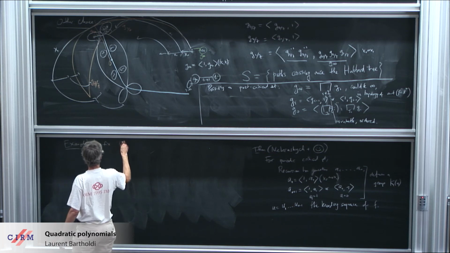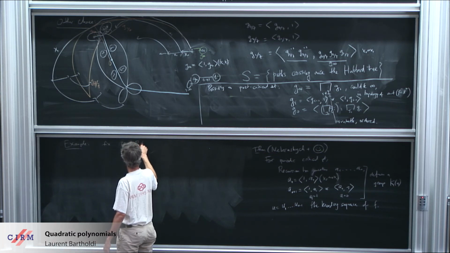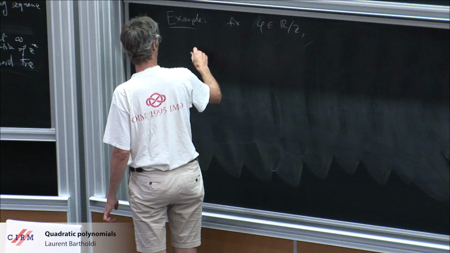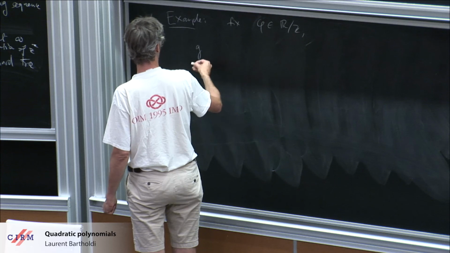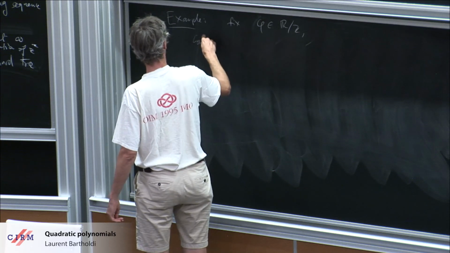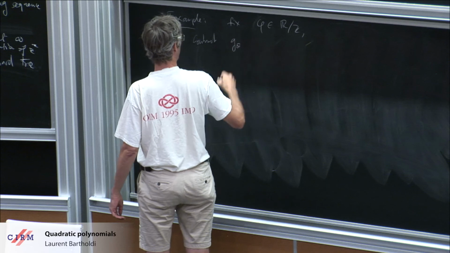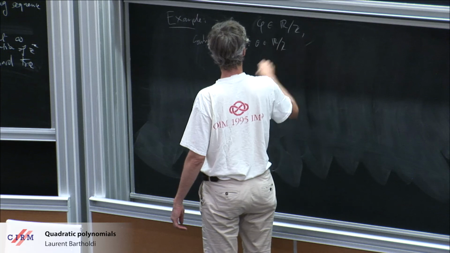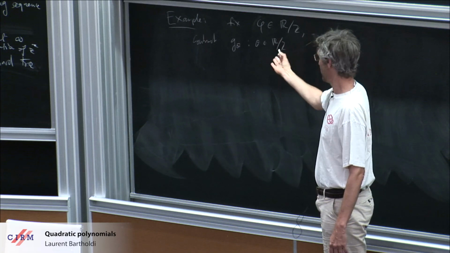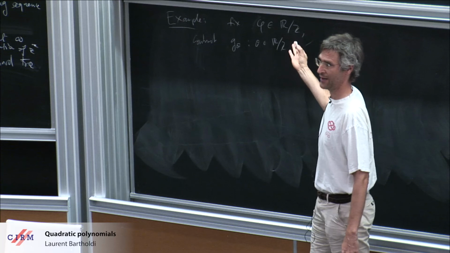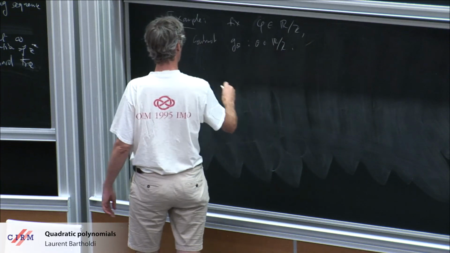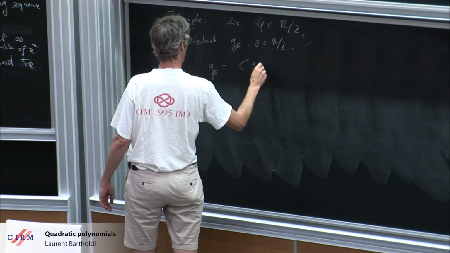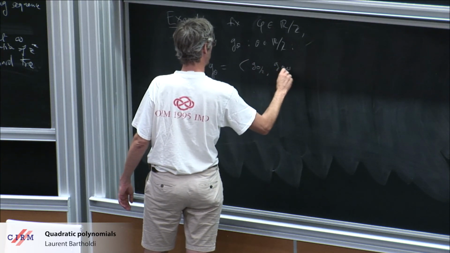If you fix an angle phi, then you can construct generators G theta for theta in the circle. There will be, of course, continuously many, but all will be trivial except countably many of them. So G theta is G theta over 2, G theta plus 1 over 2.